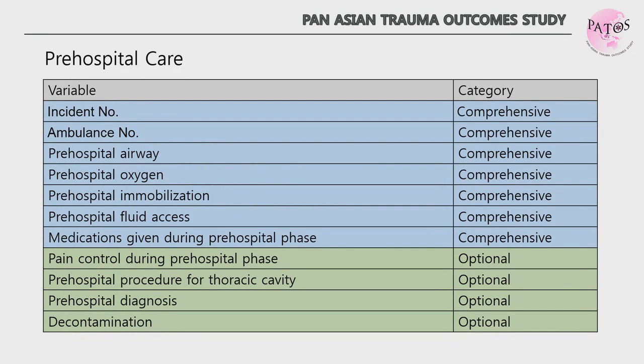And comprehensive variables include incident number and ambulance number. We'll also look at pre-hospital care and treatment variables such as airway, oxygen administration, immobilization, fluid access, and medications given during pre-hospital care. Optional variables would include pain control, procedure for thoracic cavity, diagnosis, and decontamination performed during pre-hospital care.